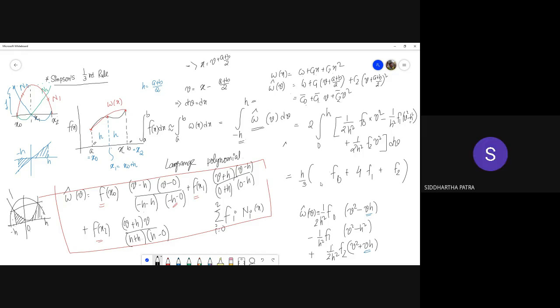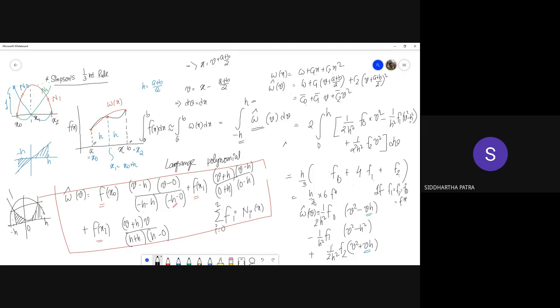So one thing to check: if by some happy accident f of x is a constant, which means f0 equals f1 equals f2, equals, let's say, f star. In that case, it is h/3 times 6 times f star.